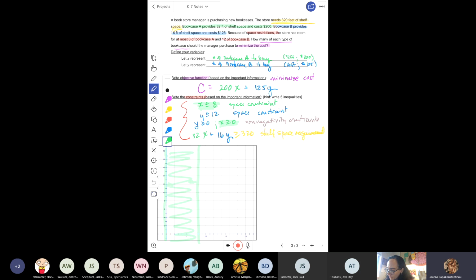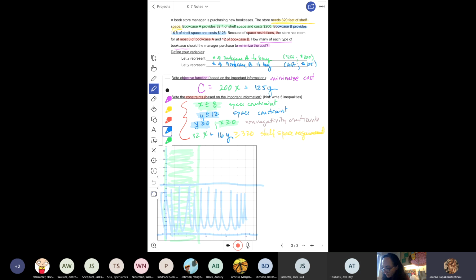You see how I took these two pieces of information and shaded this region here? Okay. Now I'm going to do the same thing with Y. Y has to be greater than 0 and less than 12. Boundary lines are solid and I'm shading this region. So I'm already confined to that rectangular region.